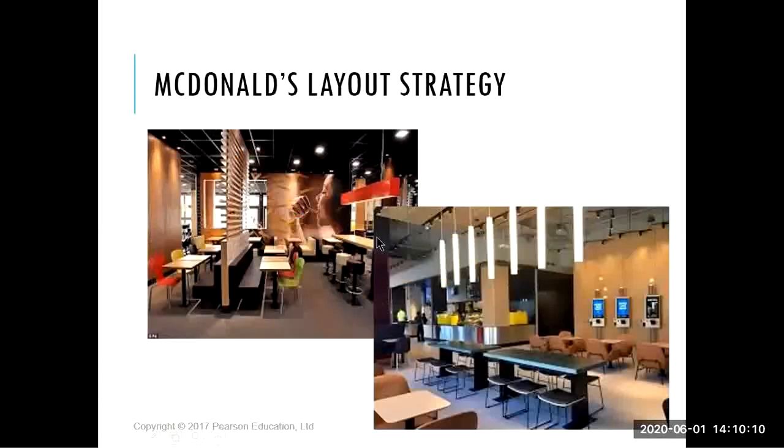This is an area for the linger zone, for those who like to socialize with friends, to study, to use the Wi-Fi. And they have more space for the family area. So the layout is for different purposes. This is in the restaurant that we usually go to, like McDonald's. Everybody knows McDonald's, right?